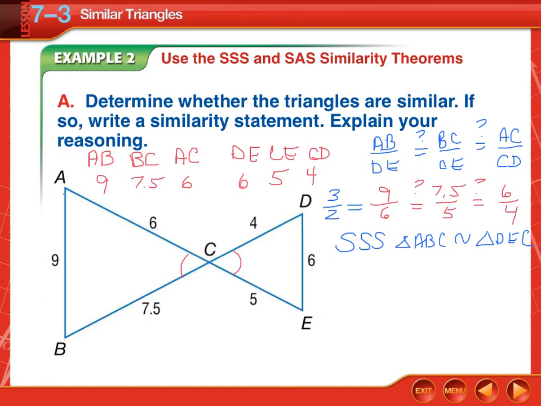Now we could have just as easily taken just a portion of this proportion here. If we looked at the two surrounding sides around this included angle, we could have just as easily said that they were similar by side angle side, because we have a pair of surrounding sides that are proportional at the same ratio, and an included angle being, I'm going to write the angles out, angle ACB is congruent to angle DCE.